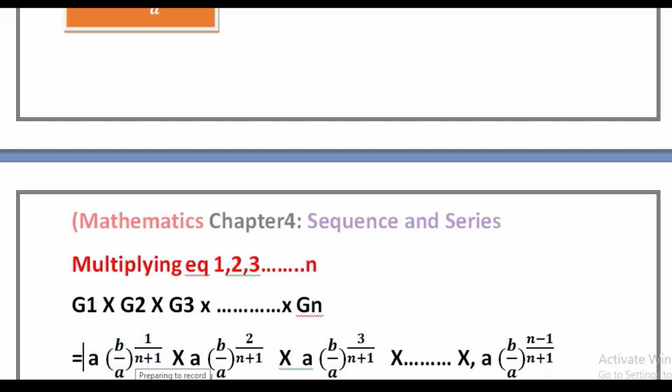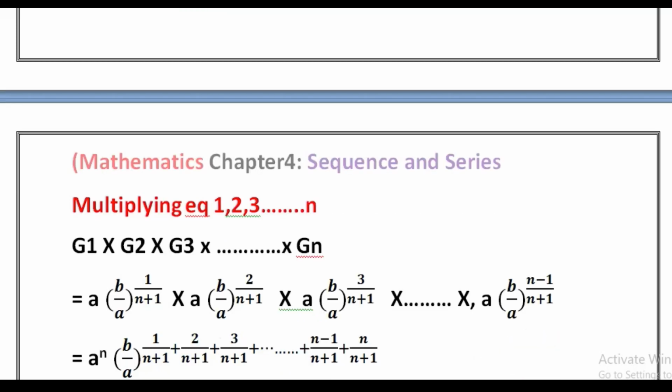By putting the values, G1 is equal to A into B divided by A whole power 1 divided by n plus 1, multiply G2 equal to A into B divided by A whole power 2 divided by n plus 1, multiply similarly power 3, power 4, up to the last term, that is A into B divided by A whole power n minus 1 divided by n plus 1.